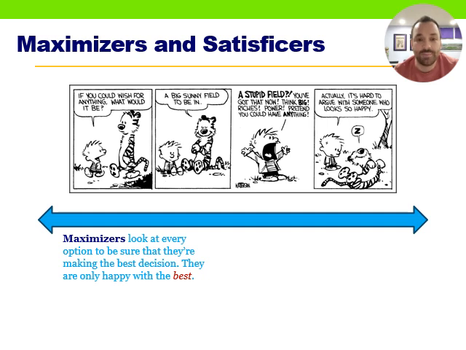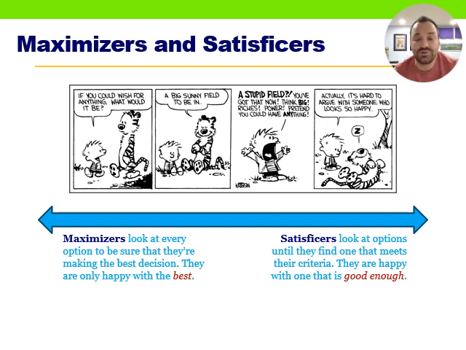So they're only happy with the best possible option. On the other end of the spectrum, a person who's a strong satisficer doesn't do that. They only look at as many options as they feel like they need to look at until they meet one that's good enough, and then they go with that and they're happy with it.